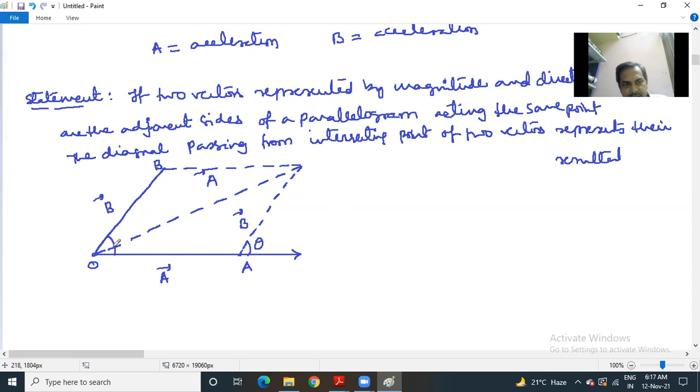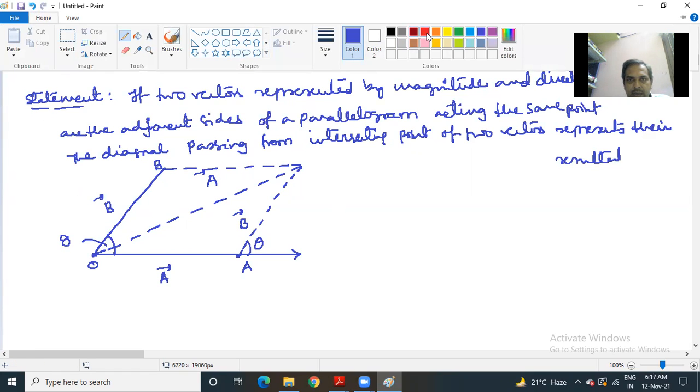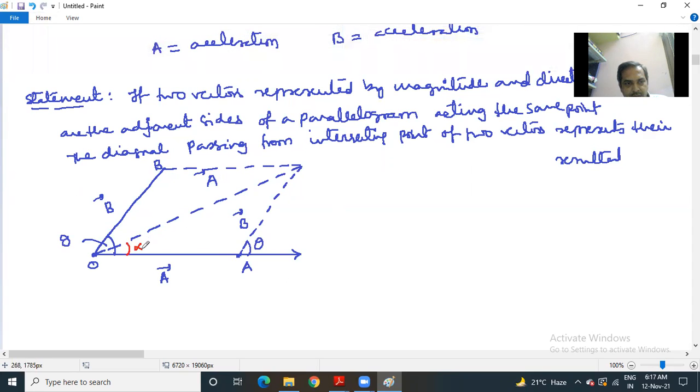Here there is an angle between A and B. Once again, theta here and theta at O are the same. There is also the resultant. The resultant is C, and you write it as A plus B. Now it is purely a competitive part. Just extend this.